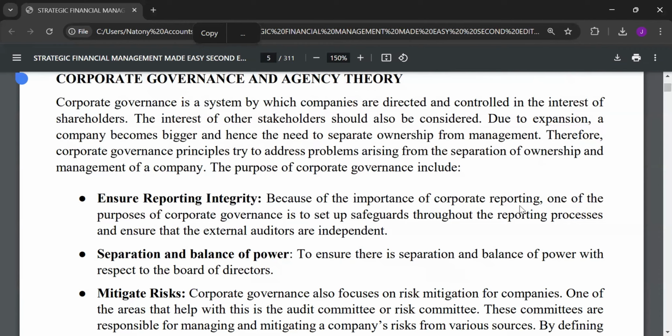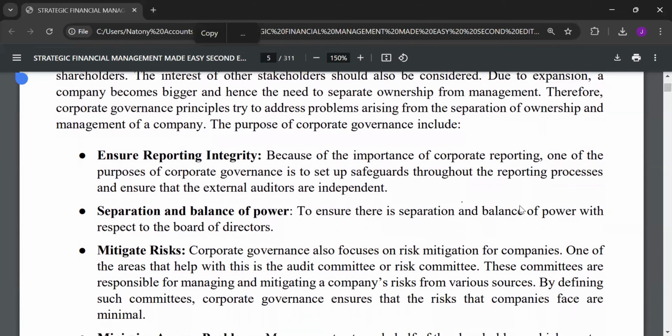Also, separation and balance of power. A single individual in the company should not be so powerful that the person will be the one taking all major decisions. So as a result, the code of corporate governance ensures that there is separation of power within the board.